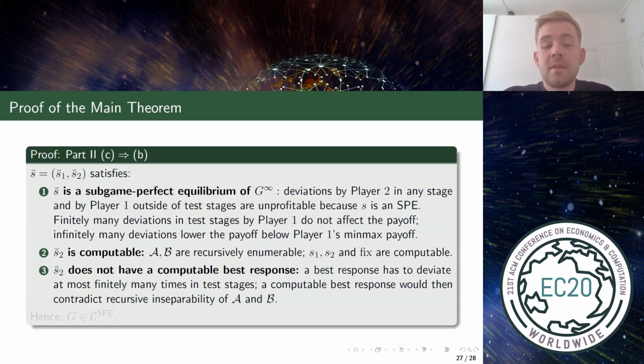And last, no computable strategy of player 1 can respond optimally because A and B are recursively inseparable. The existence of a strategy profile S bar satisfying all these three conditions means that the game belongs to the class CSPE, and that concludes the proof.